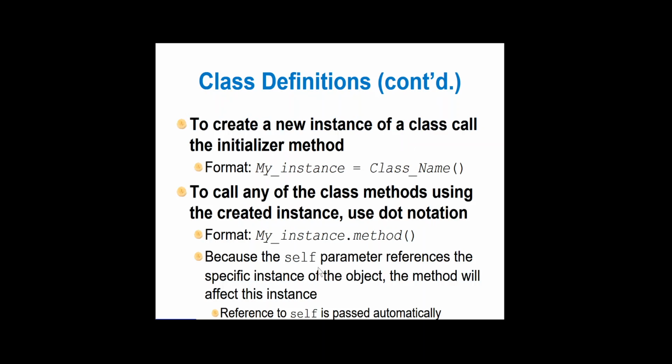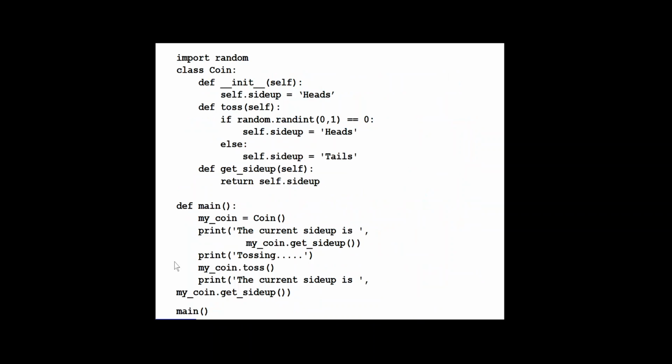Okay, so I explained how we instantiate or create an object from a class. So we use our object name. Use the name that you like, the name that fits you. So here, for example, my coin, you can use maybe coin or coin1, whatever. Okay, and then use the class name with the parentheses.